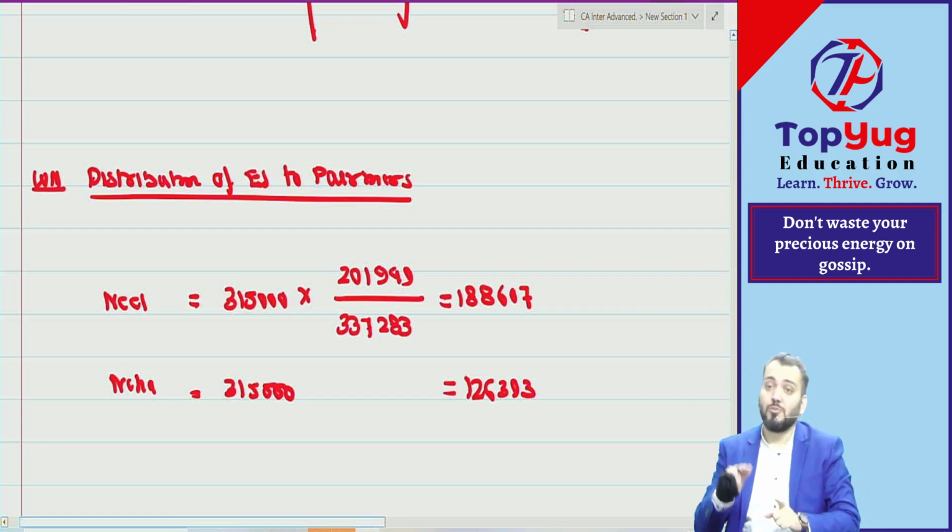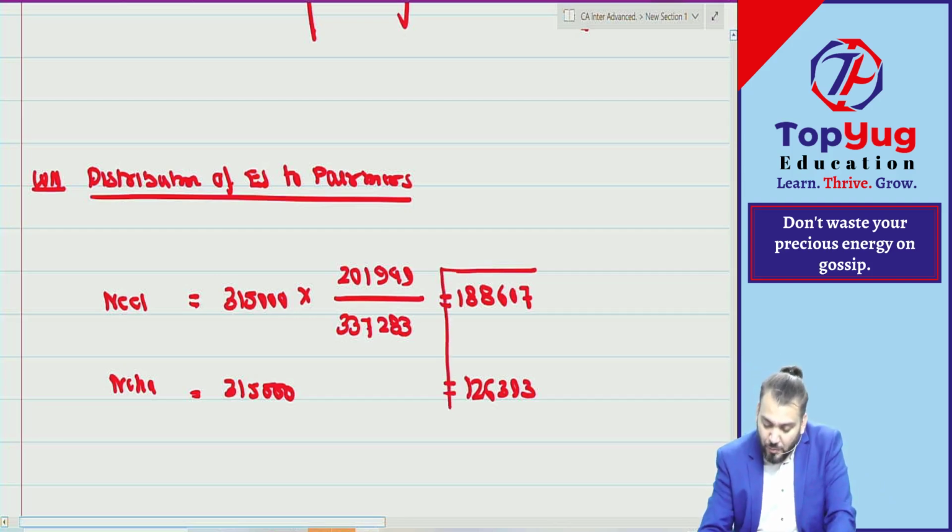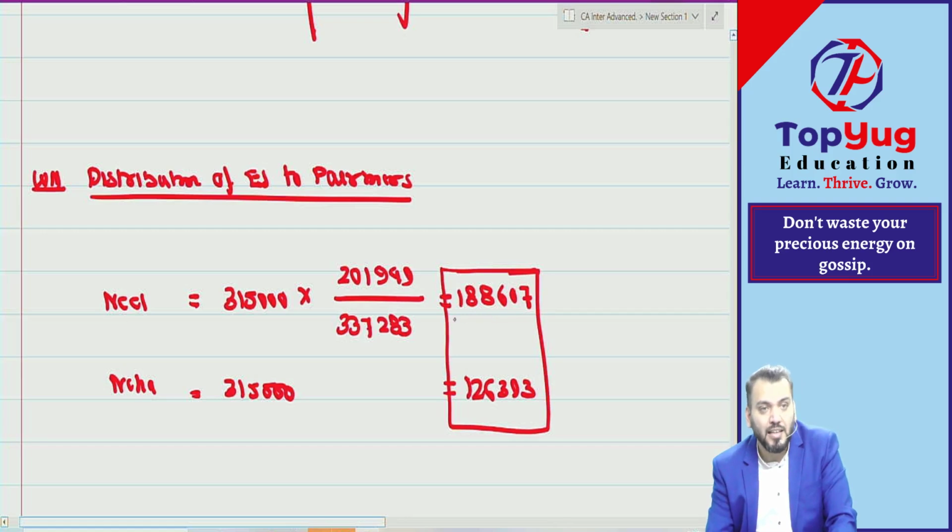Now PC was to be discharged in equity shares of rupees 10. So whether it is practically possible, can we do it this way? No, because it cannot be divided by 10, and there cannot be fractional shares. So we need to do some rounding off. We'll do plus 3 here, minus 3 here.